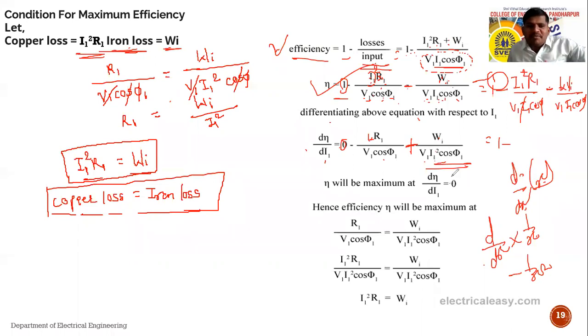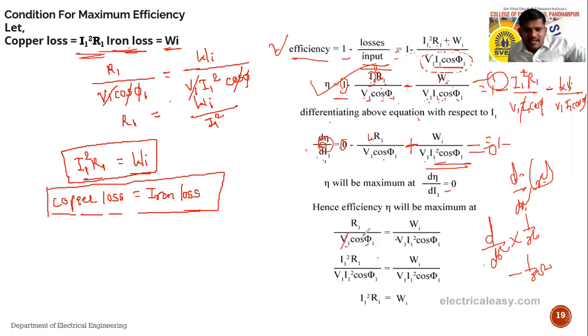To get the maximum efficiency, we have to equate this equation to 0. So d efficiency divided by dI1 is equal to 0. Putting 0, this minus term can be shifted to the other side. That means R1 divided by V1 cos of phi 1 is equal to Wi divided by V1 I1 square cos of phi 1.